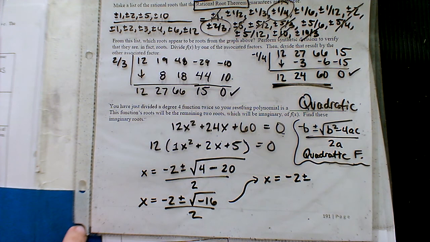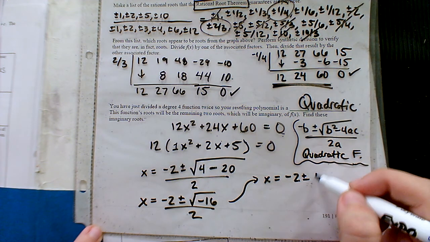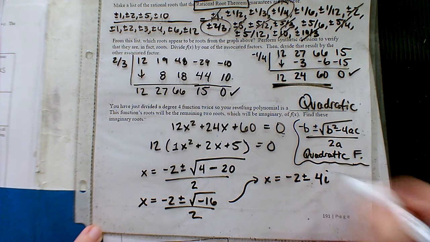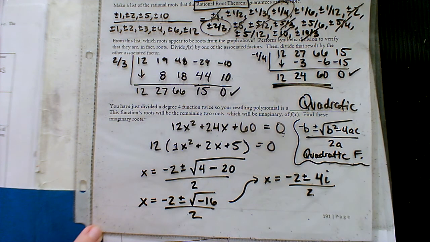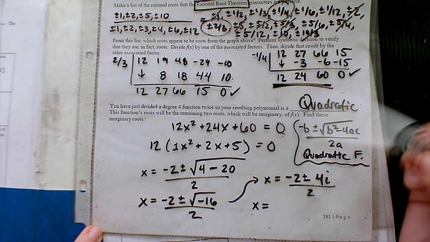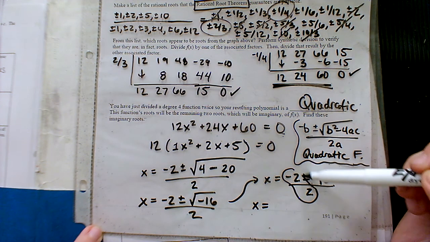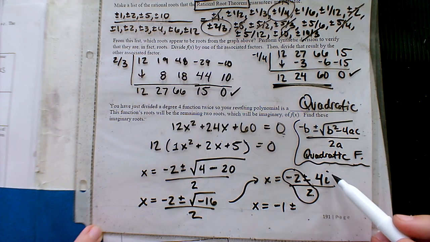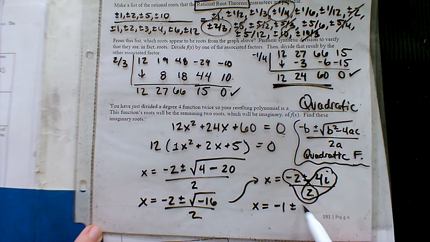Can we figure out the square root of negative 16? The square root of 16 is 4, and the square root of a negative is i. And if we're dividing by 2, notice how all the numbers are even, so we should be able to divide everything through. Negative 2 divided by 2 will be negative 1. And 4i divided by 2 will be 2i.